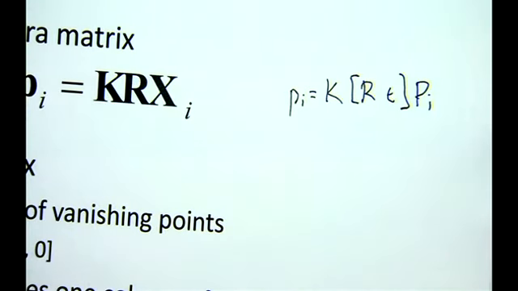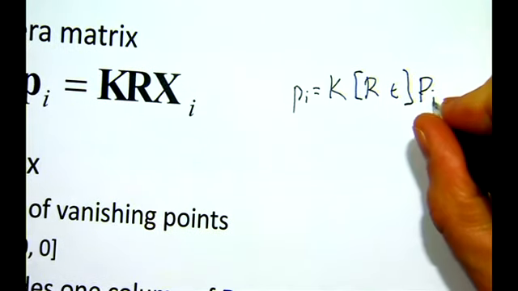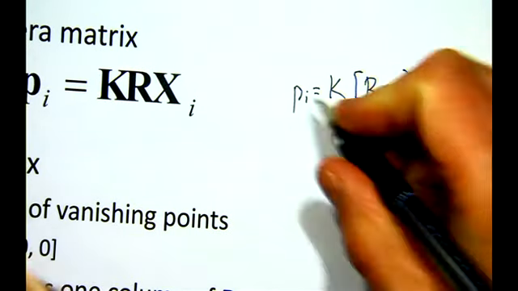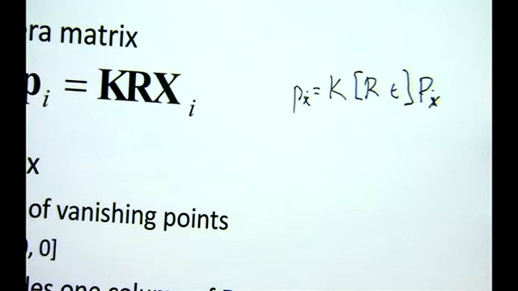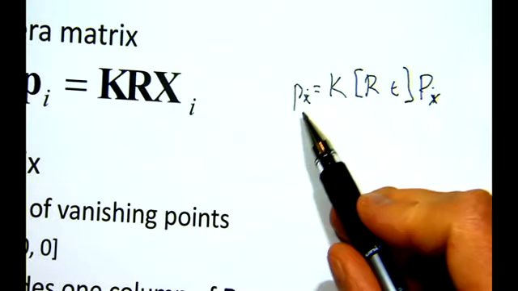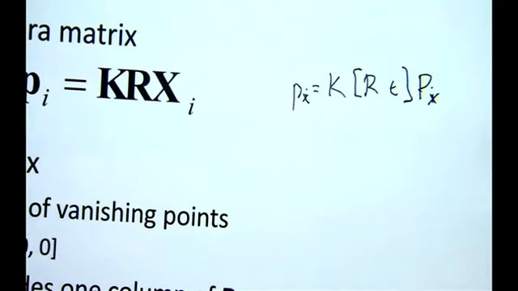Now let's say that this big Pi is going to be Px. Big Px is the direction of the x vector in the world, and little px is the vanishing point of the x direction on the image.